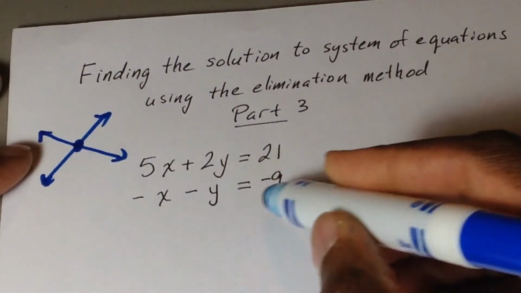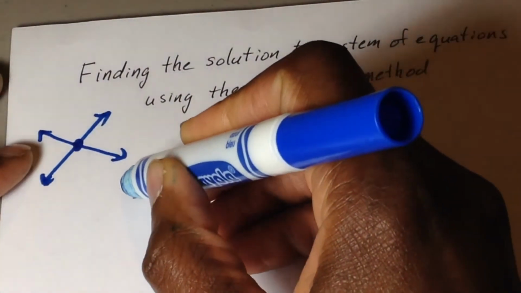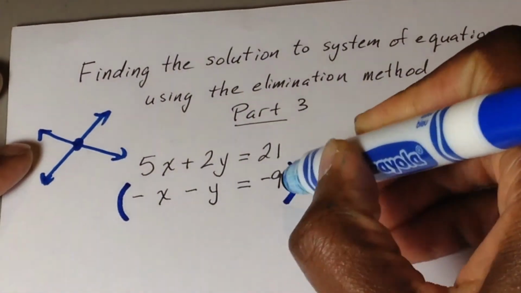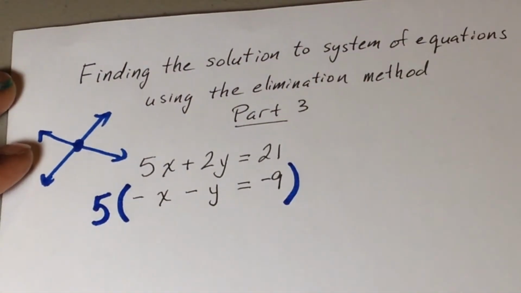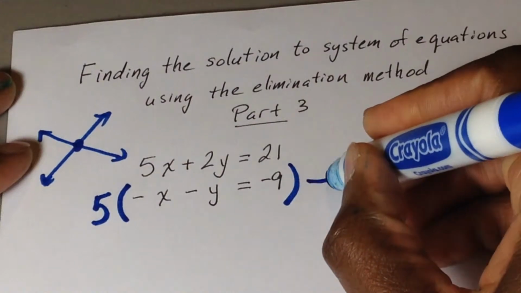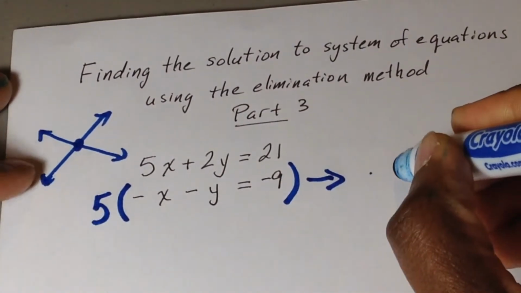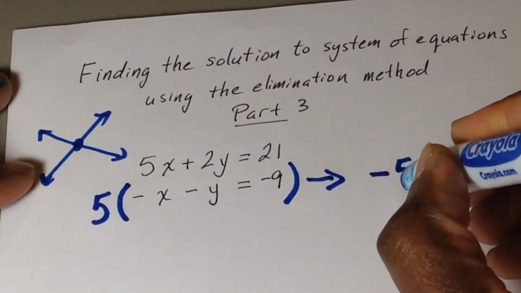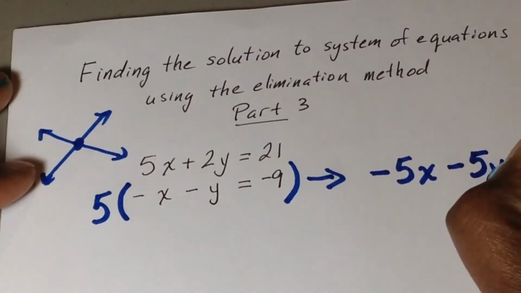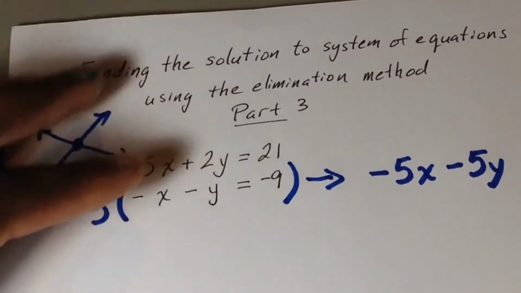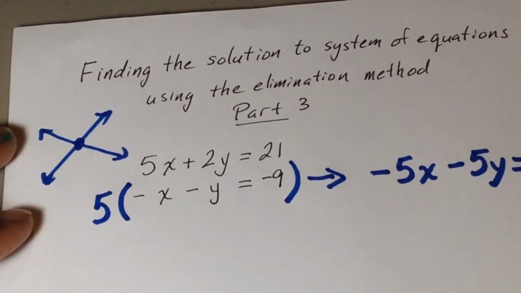I want to look at the second equation, and I'm seeing that I have a 5x here. How about I multiply this whole equation by 5? What that will do is create a new equation. I multiply the 5 times the negative x. That gives me negative 5x. And then I get negative 5y. And then I multiply the 5 times the negative 9, so it's going to be equal to negative 45.